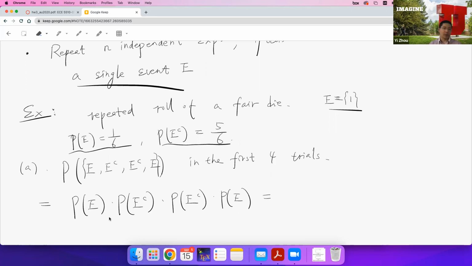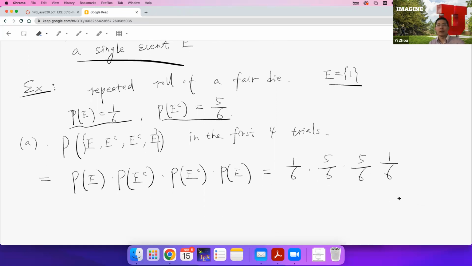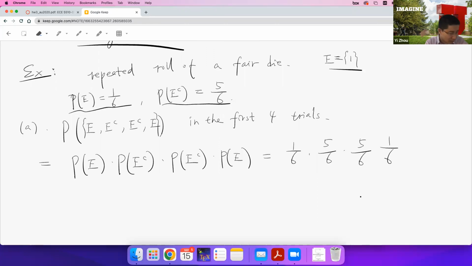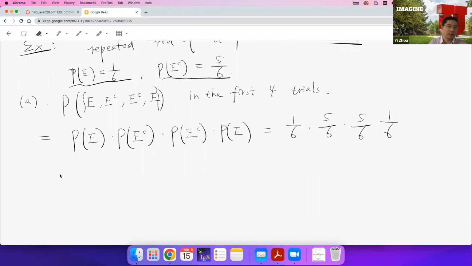The probability that you see a 1 in the first roll is 1/6, and you did not see the 1 in the second roll is 5/6, and so on. Basically, you just go over the experiments one by one and calculate the corresponding probability for each individual experiment.